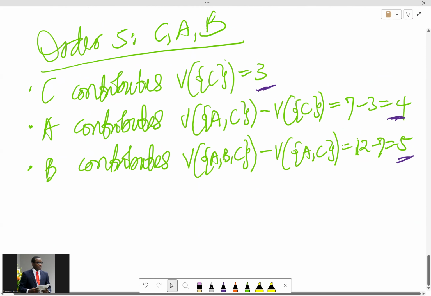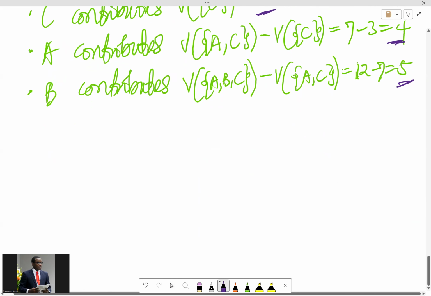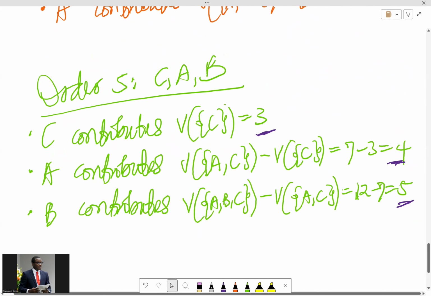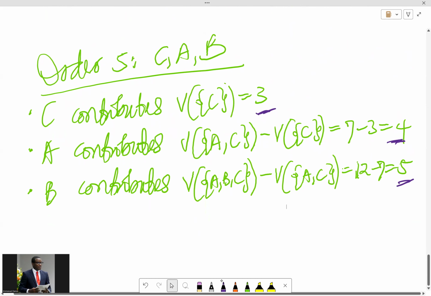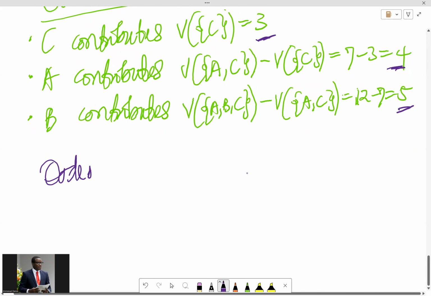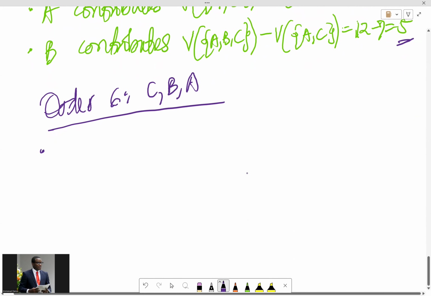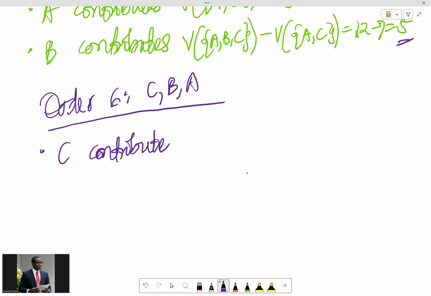Now, the next thing we have to do, of course, is the sixth order. If you have many players, that's going to be a lot. Order 6 is C, B, A. So C starts the idea, B joins, and then A joins. C contributes the value of C alone, which is 3 as we know.